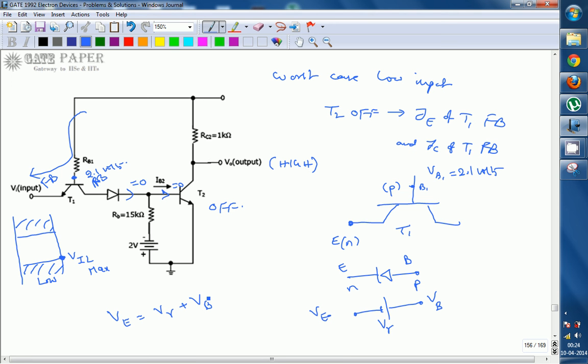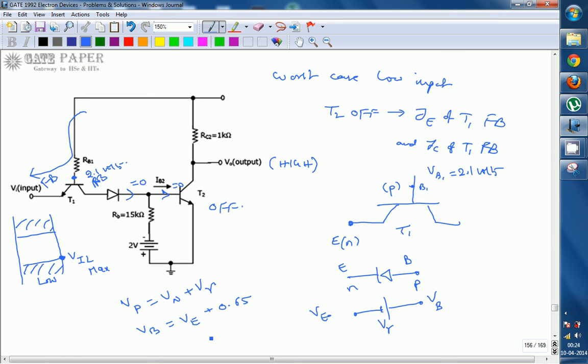So V input has to be less than or equal to VE. Normally we know that the voltage across the P side is nothing but the voltage across the N side plus the cut-in voltage. Here the voltage across the P side is nothing but the voltage across the base, the voltage across the N side is nothing but the voltage across the emitter side, and V gamma is 0.65 volts.